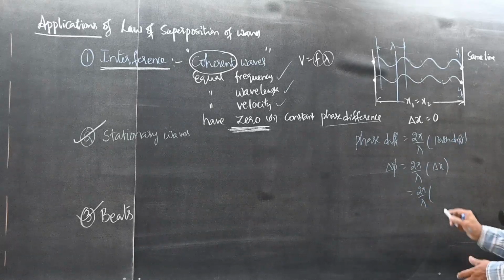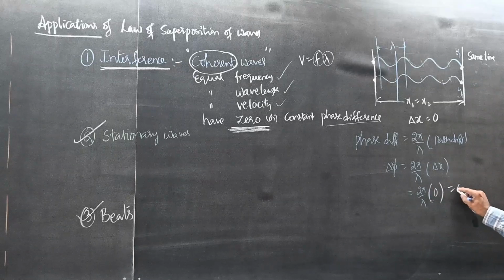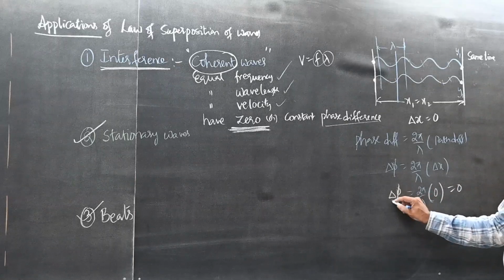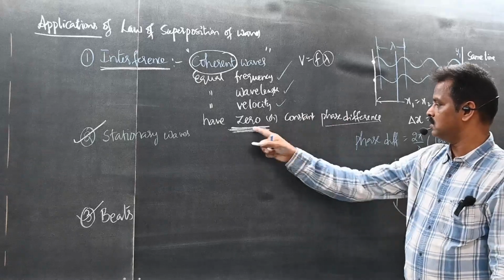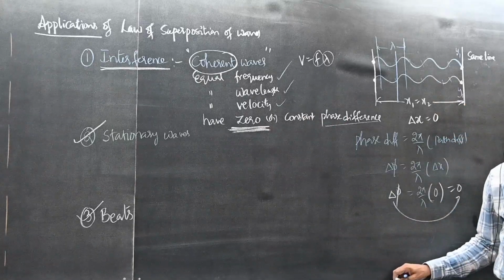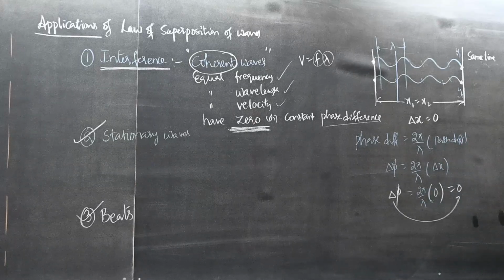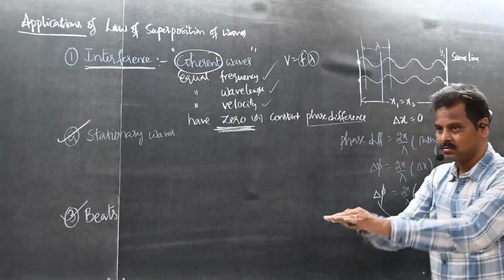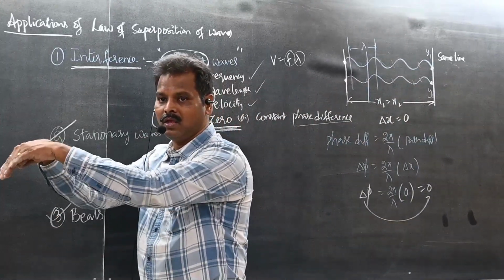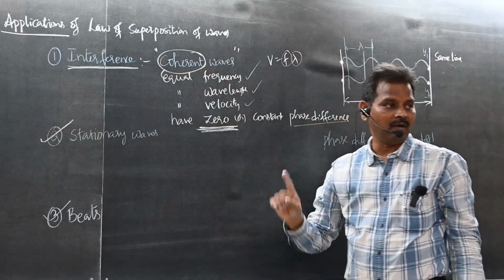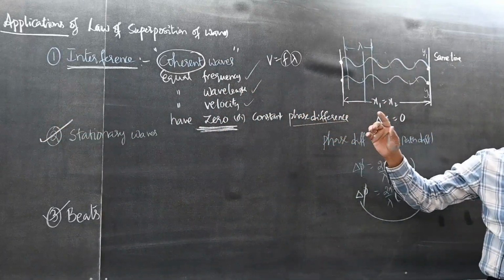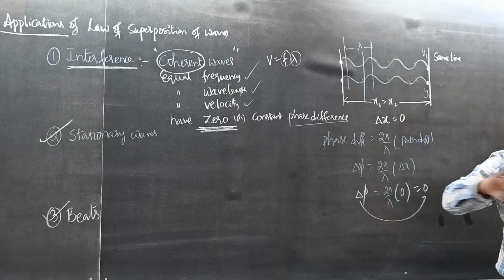What is delta x here? So what is the phase difference? When two waves start at the same point, travel equally, and end at the same point, then they are said to have zero path difference, zero phase difference.